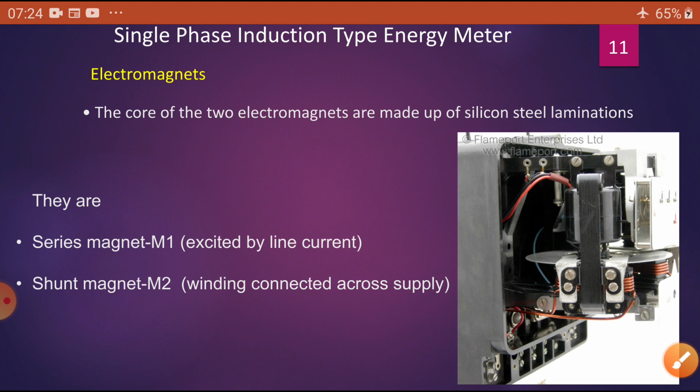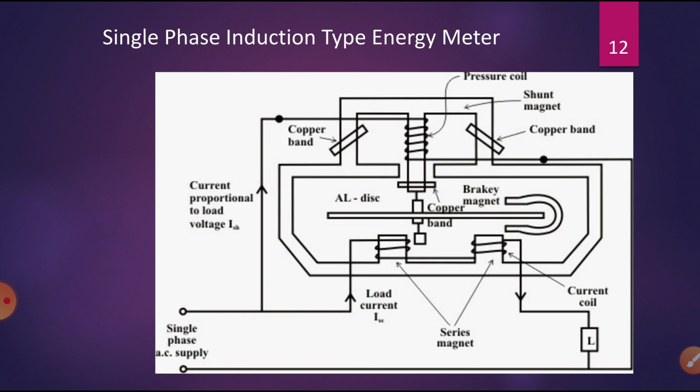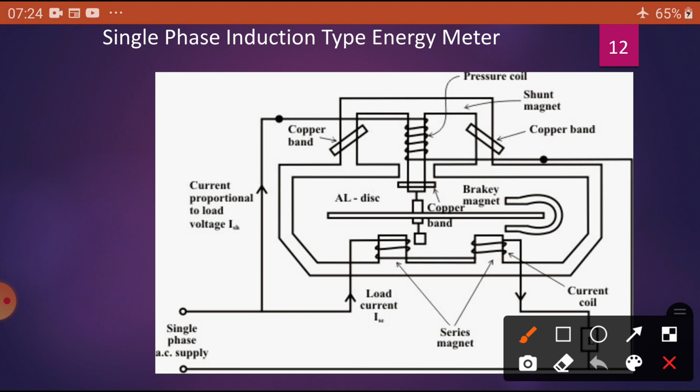Now you can see the electrical circuit of this instrument. What is inside? You can observe here, this is the copper band. Here also a copper band, and sometimes here also. This is the shunt magnet, the upper magnet, and this winding is the pressure coil to know the voltage.